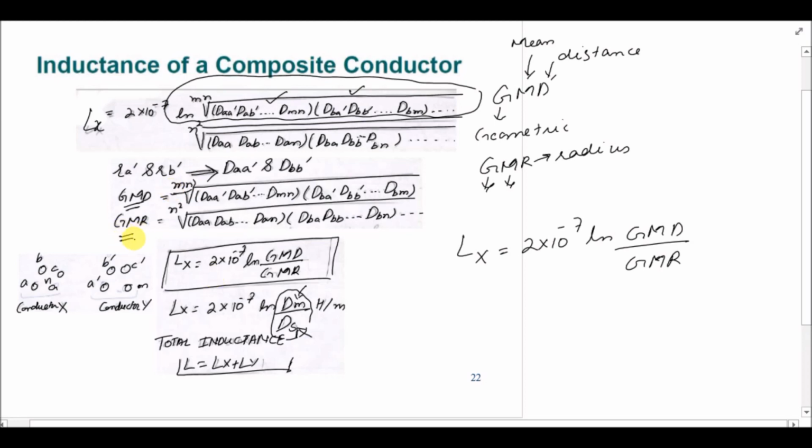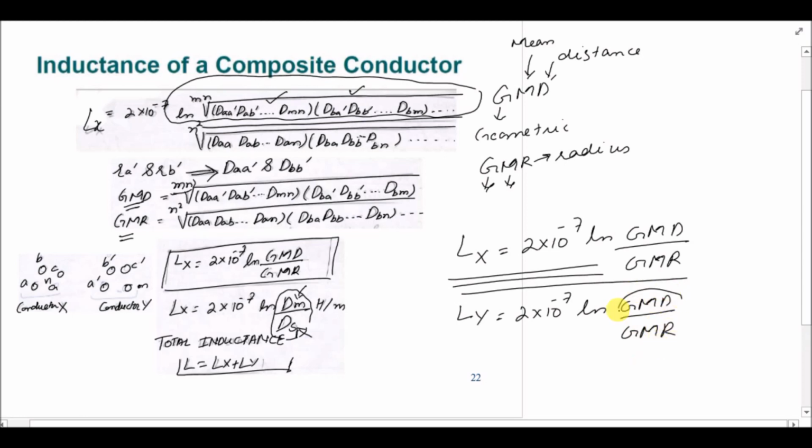But in denominator we have geometric mean radius. So geometric mean radius is actually the distance between the filaments of the same conductor, so therefore we have only one conductor and we are taking the square of the number of filaments of that particular conductor. So this is actually the formula for the conductor X inductance. So we have two conductors X and Y, so the same formula will be used for the Y conductor as well.